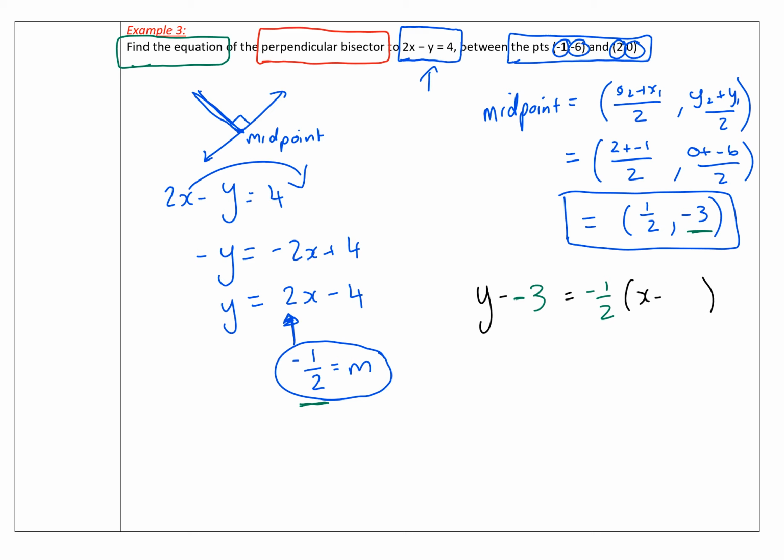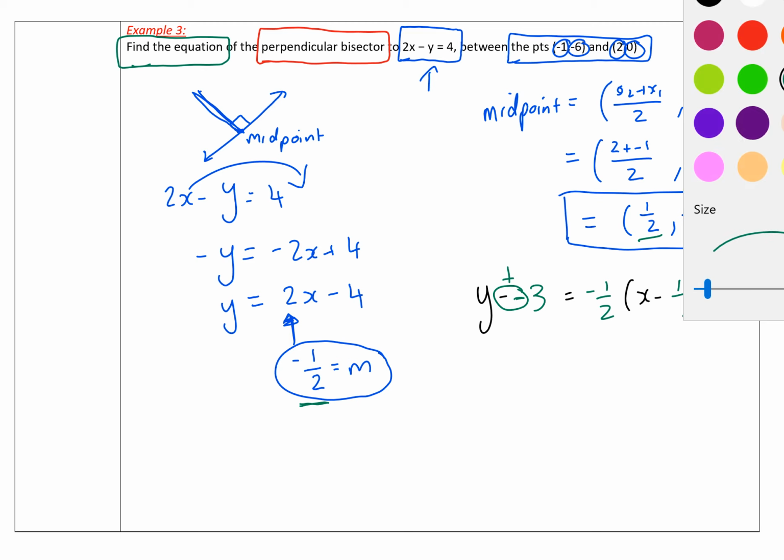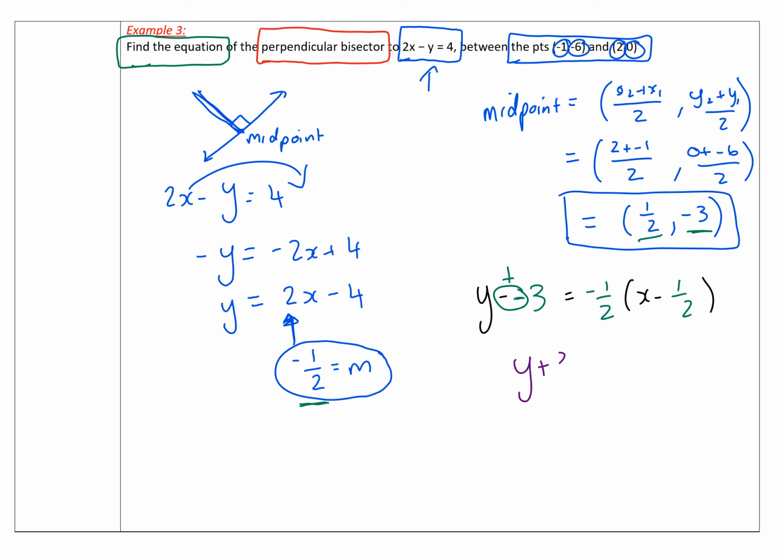And my x1 is positive 1/2. I might immediately see here that on the left-hand side I've got y plus 3, and on the right-hand side negative x on 2 plus 1/4. So negative x on 2 and negative 1/2 times 1/2 is 1/4.